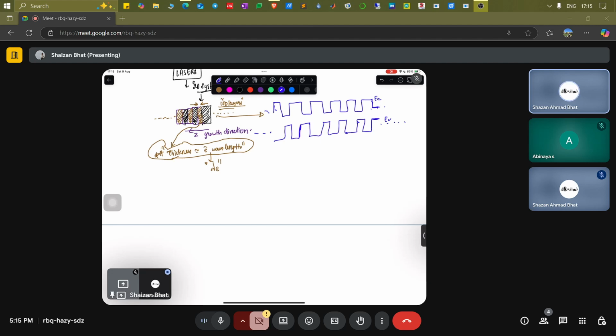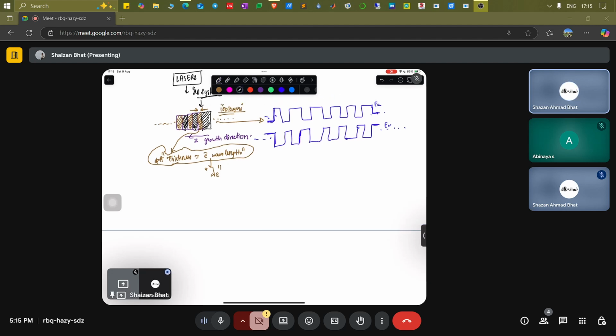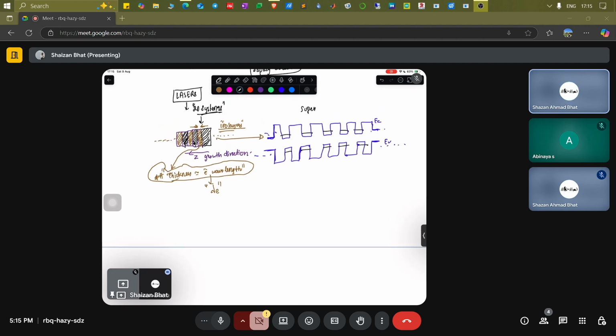So now basically you have different energy levels here. This is for the electron, this is for the hole. Similarly here, electrons, holes, electrons, holes, electrons, holes. So this is something called a superlattice structure.